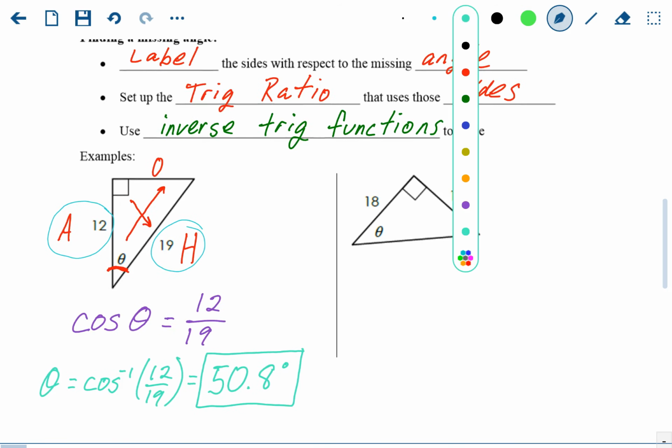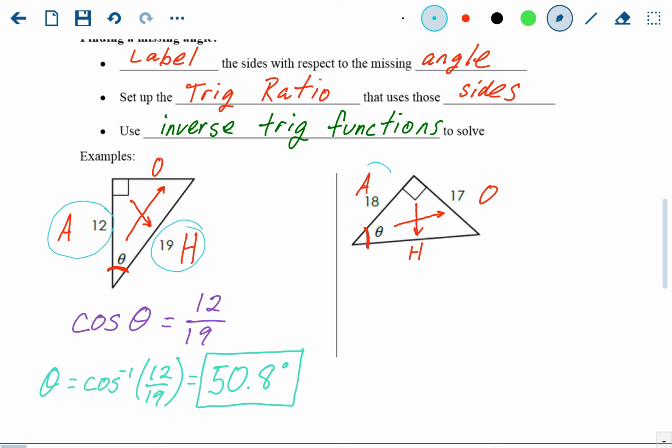All right, same thing on the next one. Figure out which angle is missing. These are all labeled theta. Figure out what sides you know. We know the opposite side. Across from the right angle is always the hypotenuse side. We don't know that one. And then the last side is going to be adjacent.